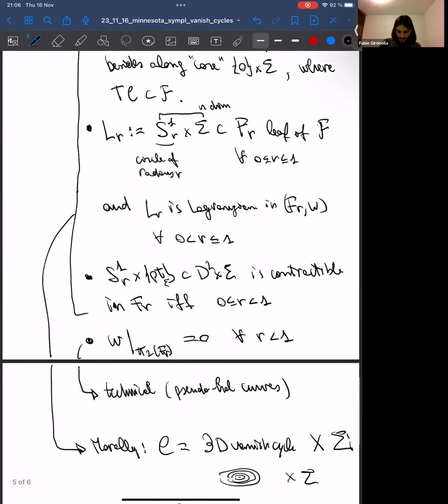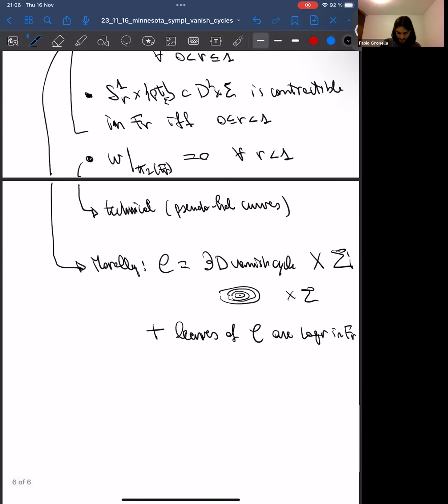Another thing to notice is that this restricts to the 3D vanishing cycle in dimension 3.